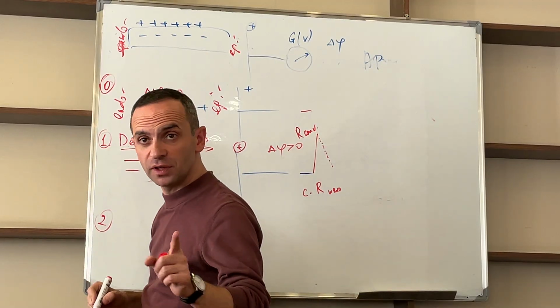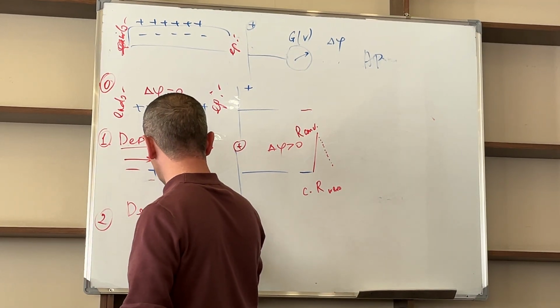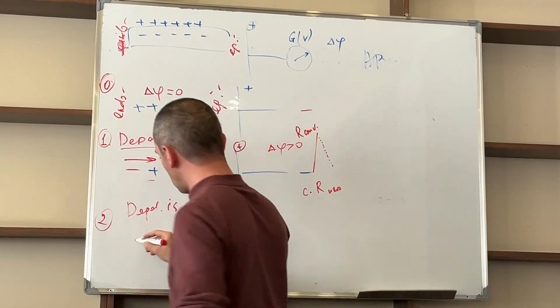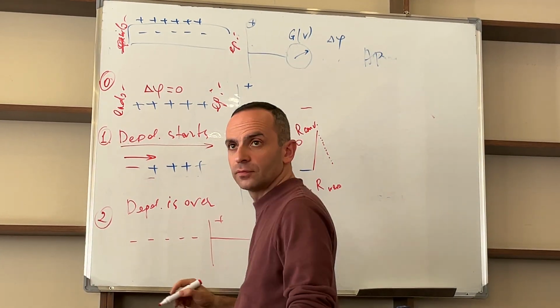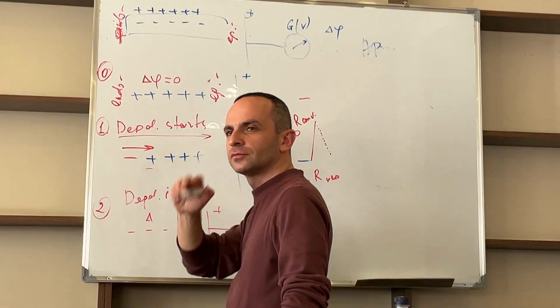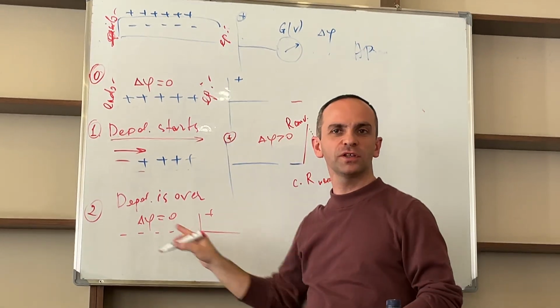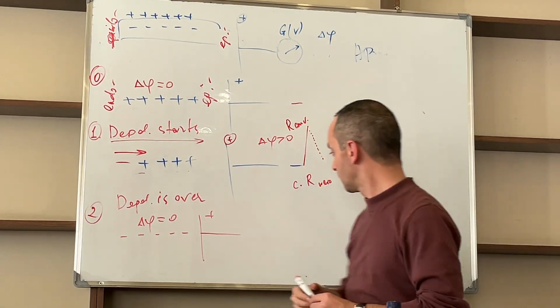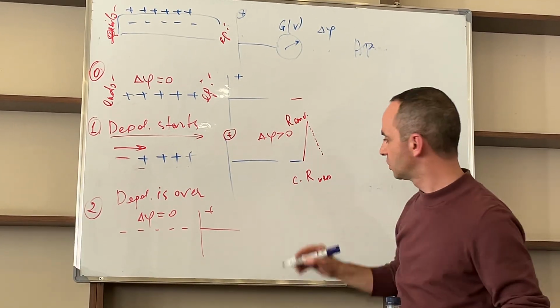Next moment, second. Depolarization is over. Repolarization is not started yet. Depolarization is over means that all are negative. Delta phi is again equal to 0. Now everything is minus. Let's see what we may have.